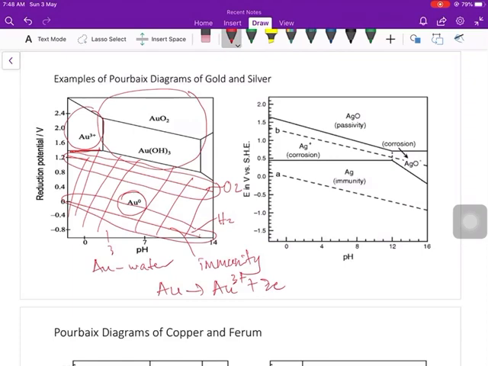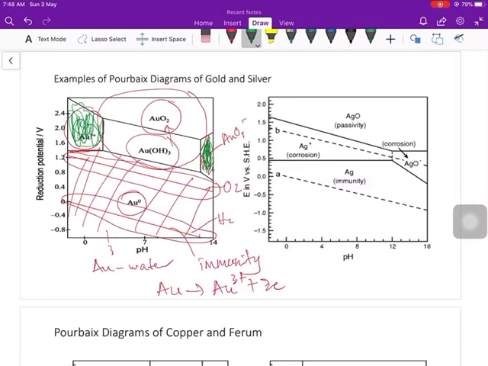In between, at pH from around 3 to 11, it tends to form hydroxide, and at higher potential it will form the most stable product, which is the oxide of gold. This area is the anion product, probably this anion. This area is still corrosion, and this area also corrodes. Corrosion region.